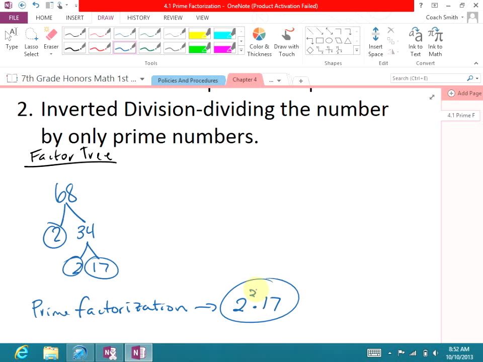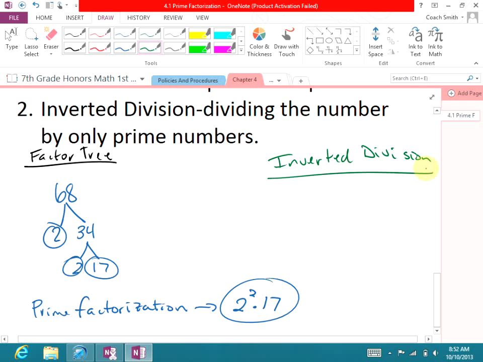Okay? Now, if we do the same thing with inverted division, we take 68 and I invert a division bar. Then I just use prime numbers. First few prime numbers, once again, are 2, 3, 5, 7, 11, 13.